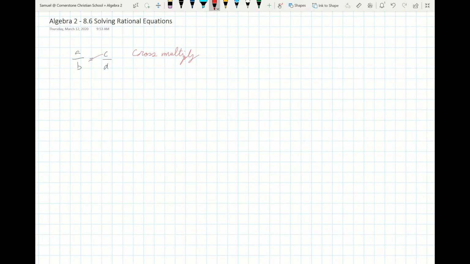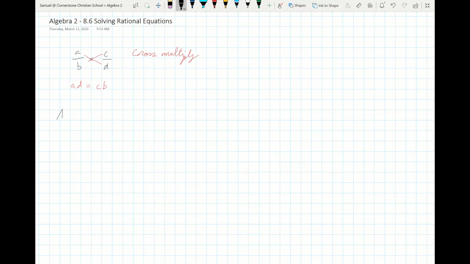So C times B and A times D. So I would end up with AD is equal to CB. Now, this is for different variables, so I'm not able to solve and learn what any of them equal. But that's okay, it's just the first example.